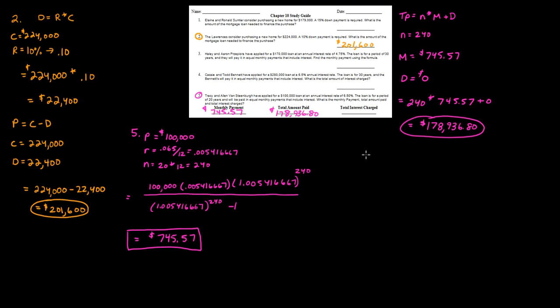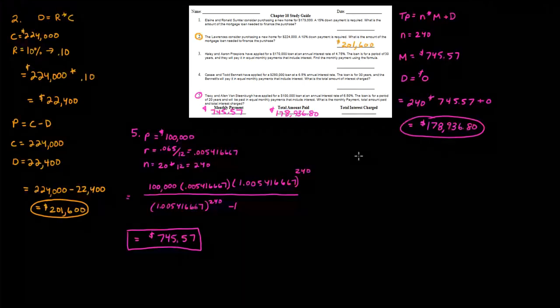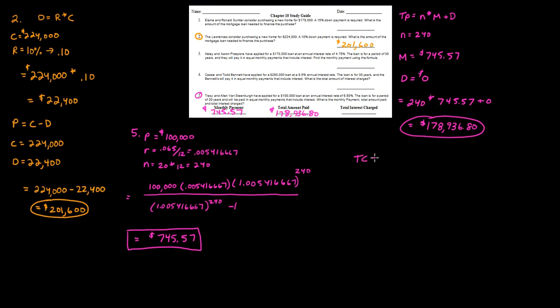The last part is, what is my total interest? Another name for that is the total cost. When we took notes on it, one part of the book calls it the total cost and another part calls it the interest charged. So it's the total payment minus the cost of the item.